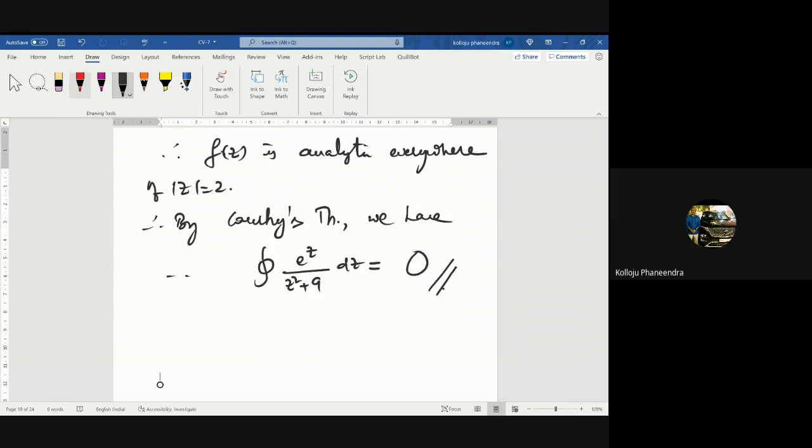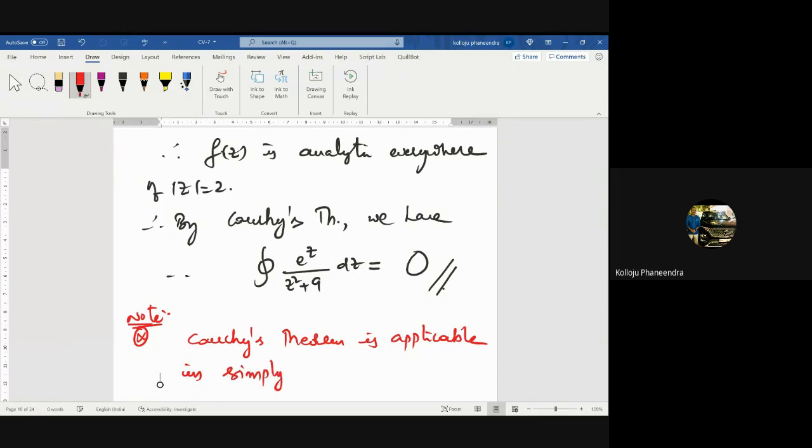And what is the point now? One note is what? Cauchy's theorem is applicable in what domain? Simply connected. Simply connected domain only.